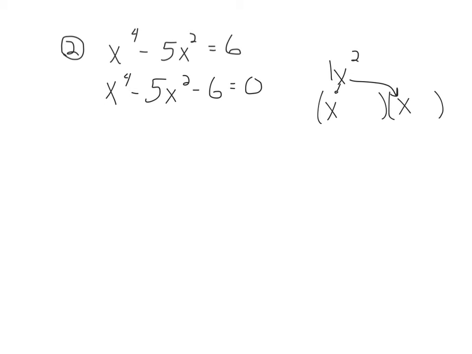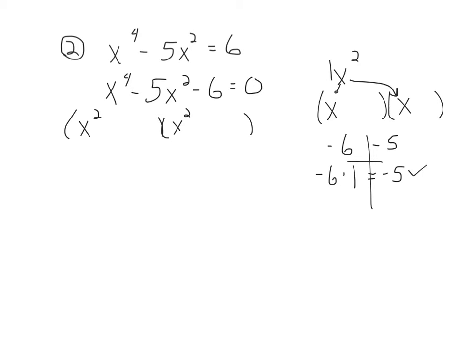Same concept with this one, but instead of x and x, we take the factors of x to the 4th and say x squared. Okay? Then we continue the same process, the factors of negative 6 that add to be negative 5, and you should get negative 6 times positive 1, and those still add to be negative 5.